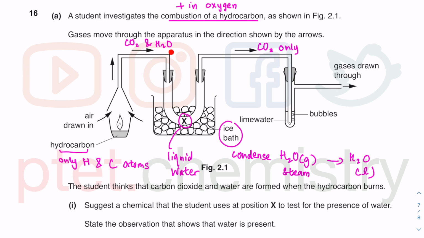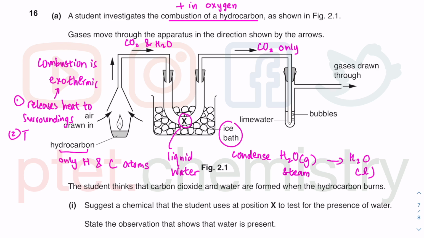The H2O comes out as steam because combustion is exothermic. Exothermic is from Year 10, energy changes. Exothermic means it releases heat energy to the surroundings. And what happened to the surroundings? The temperature of the surroundings increases.